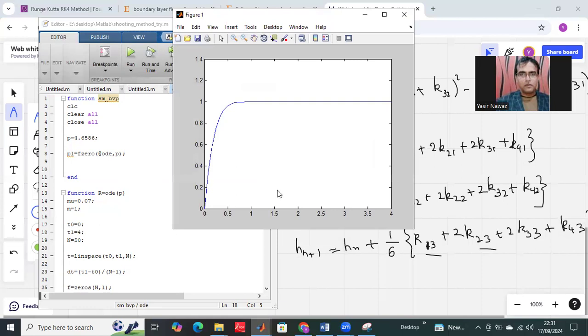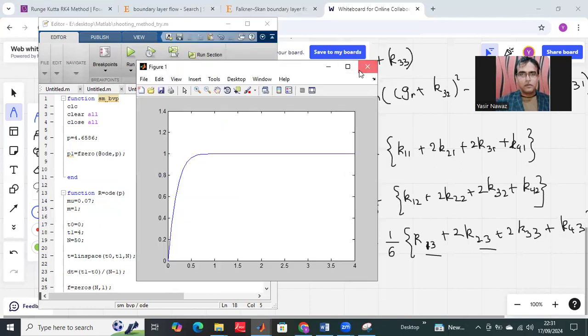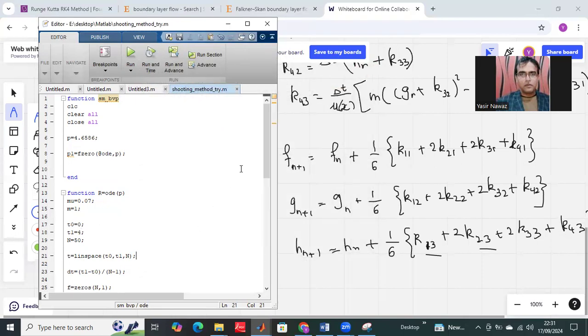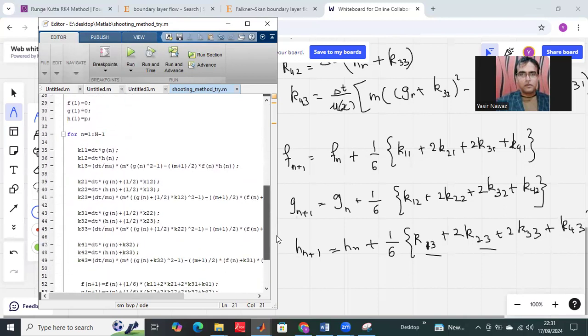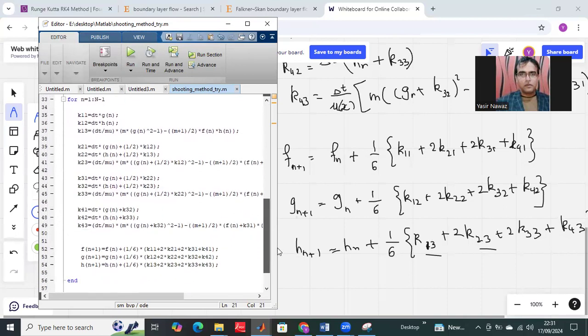Yeah, this is the solution. So that's the solution obtained by the Runge-Kutta fourth order method. To check, I can compare the solution with the bvp4c solution. Then it can be checked that this solution is correct and the method is correct.